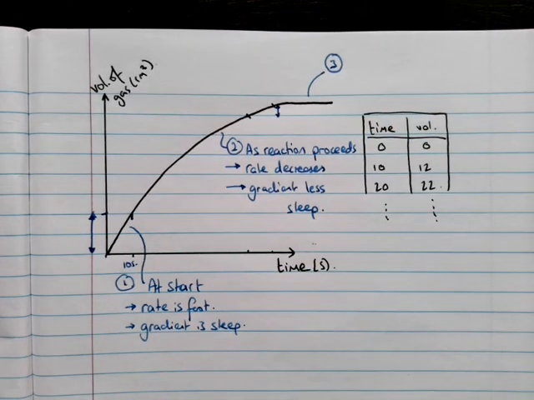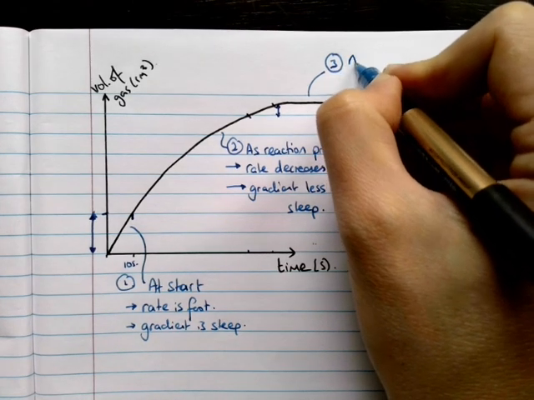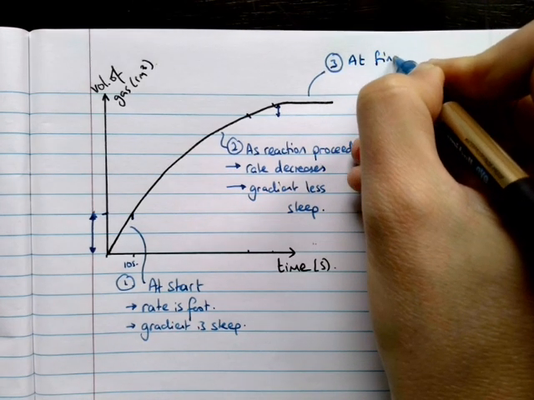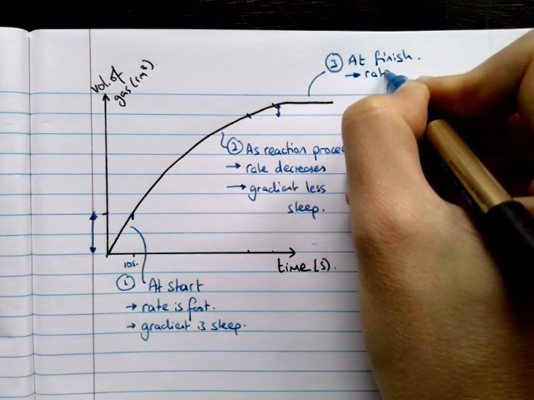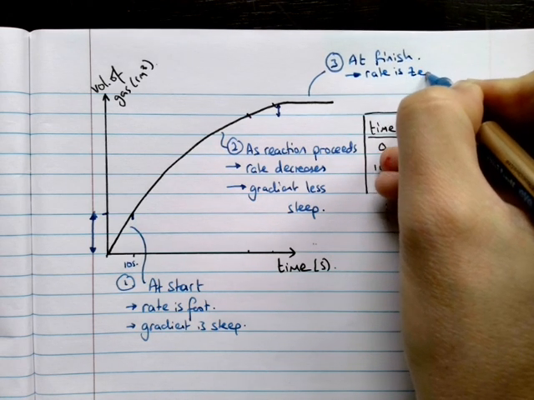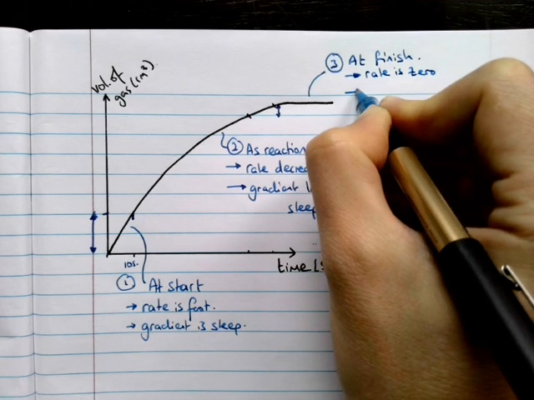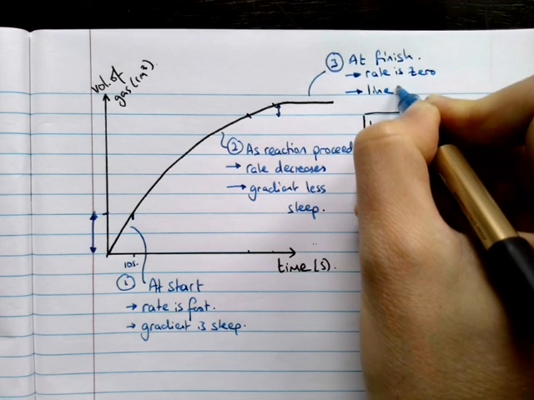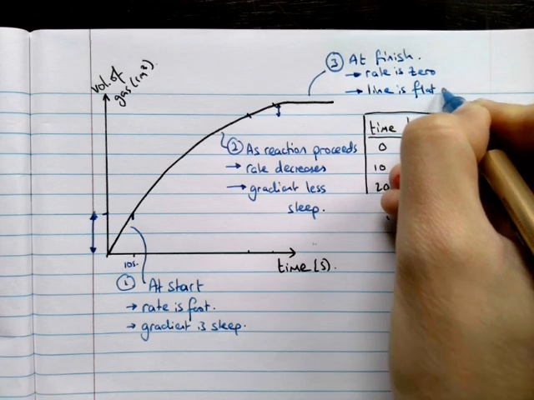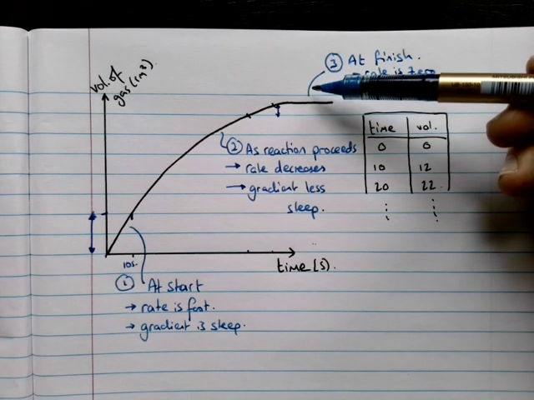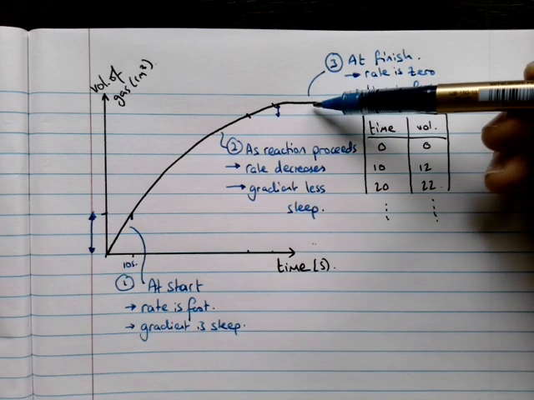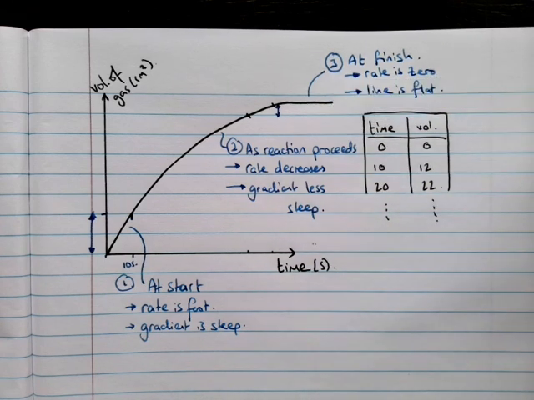So at the finish, the rate is 0 and the line is flat. The line has to be flat because the volume isn't changing. We're not producing any more gas. So as the time carries on, our amount of gas produced isn't changing.